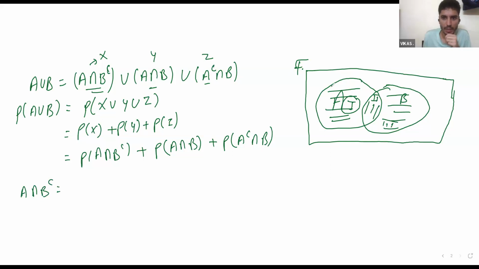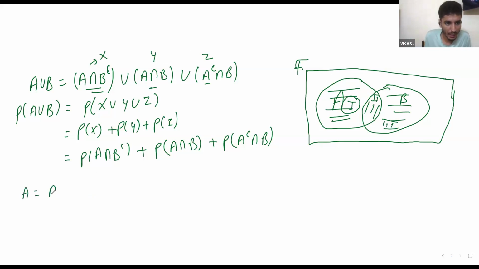This whole part is A intersection B complement, which can also be written with the notation A minus B. Without using that notation, how can I write it?